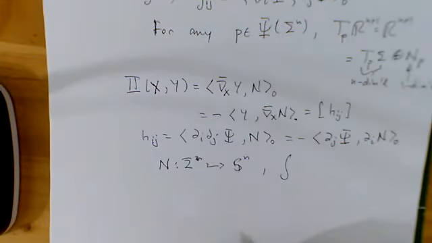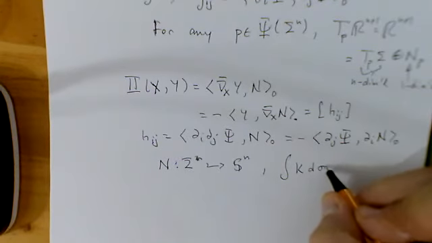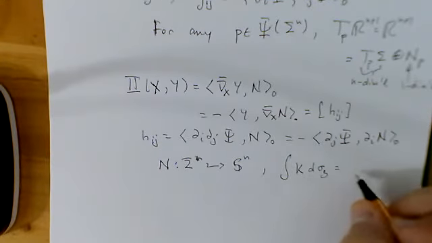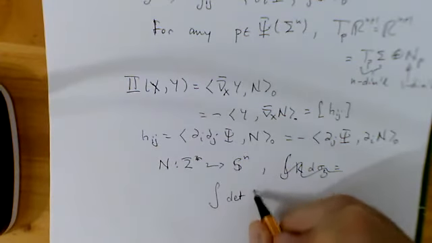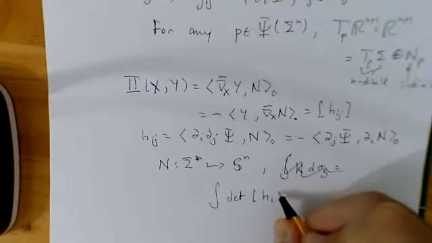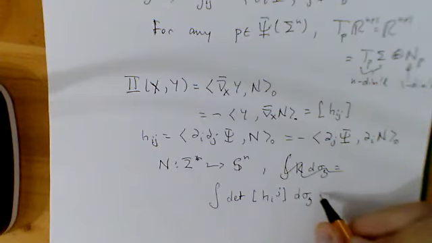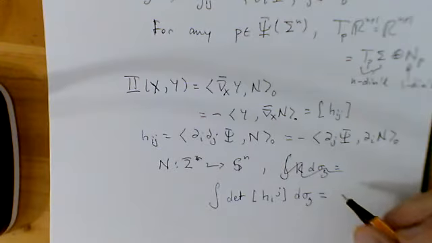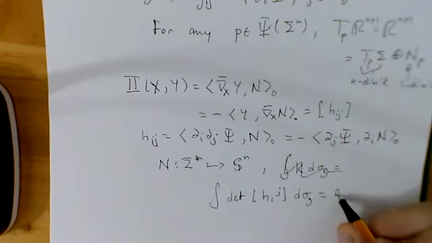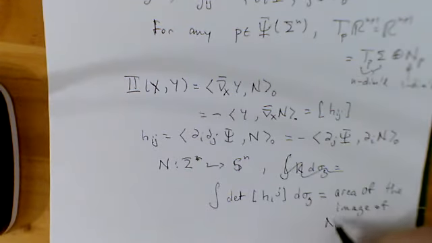And this integral of the Gauss curvature, let me write it this way, this integral of the determinant of Hij is still going to be the area of the image of this normal map.